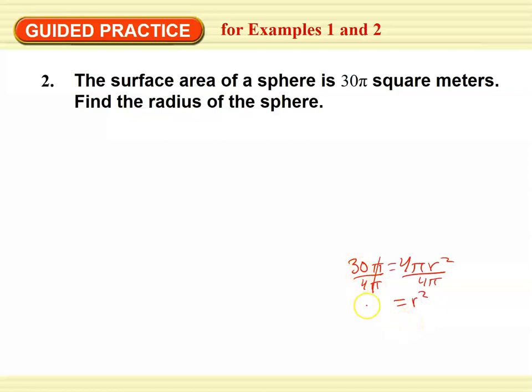And that's going to be 7.5. And the square root of 7.5 is about 2.7. And the surface area was given to us in square meters. This is the radius, which is just a length, so it's just going to be meters.